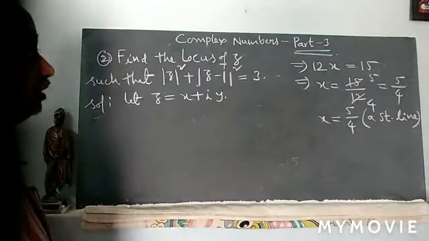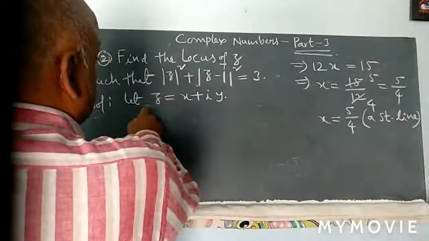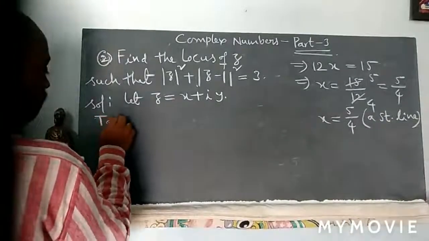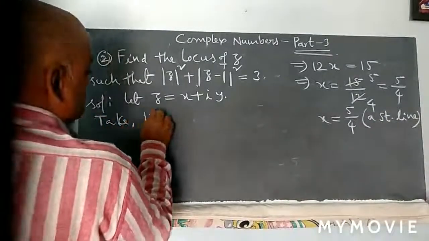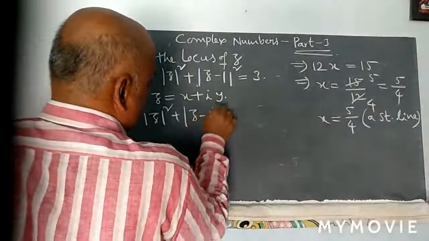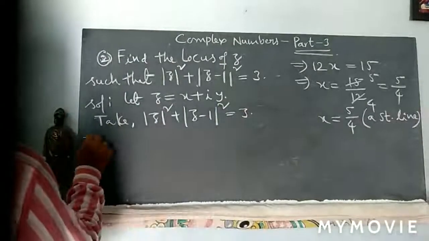So the procedure is similar to the earlier problem. Let Z equal x plus iy. Now taking |Z|² + |Z−1|² = 3.